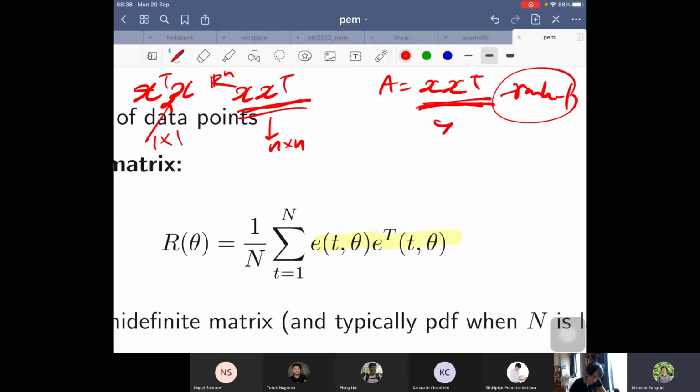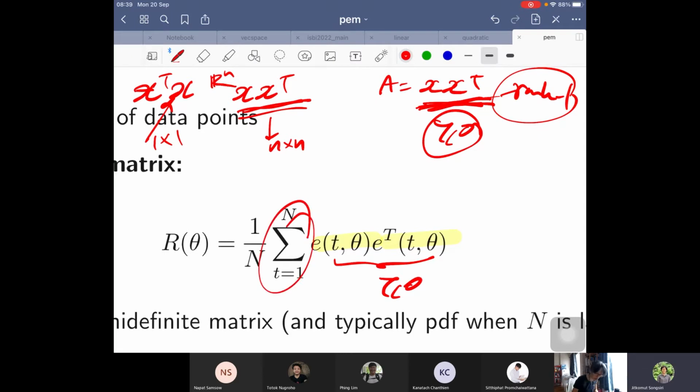So the outer product of a vector is always positive semi-definite. If you have the sum of many positive semi-definite matrices, your sample covariance is positive semi-definite. If n is large and if the e_t are independent, it's possible that the sum of many terms can produce a positive definite R.